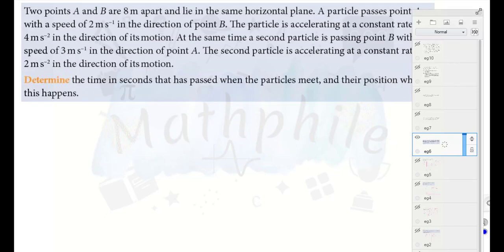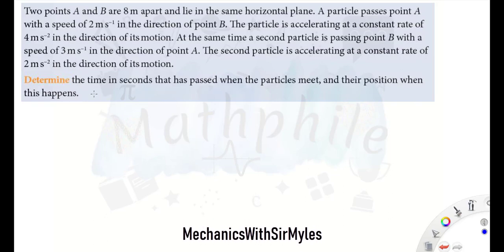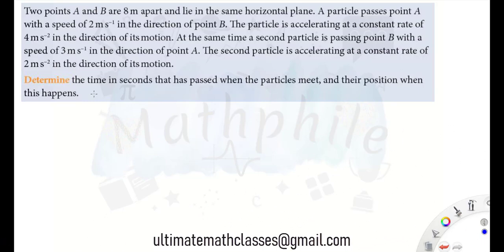Two points A and B are 8 meters apart and lie in the same horizontal plane. A particle passes point A with a speed of 2 meters per second in the direction of point B. The particle is accelerating at a constant rate of 4 meters per second squared in the direction of its motion.